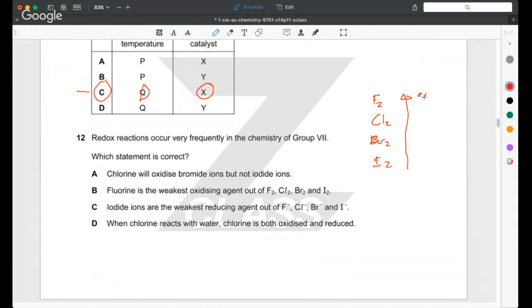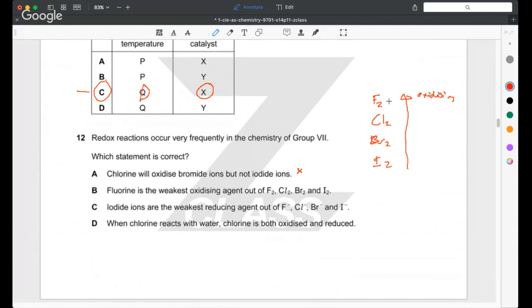In fact, they become stronger oxidizing agents as you go up the group. And so chlorine can oxidize bromide ions, but of course it will also oxidize iodide ions, because chlorine is more oxidizing than bromide or iodide. So that's not correct.